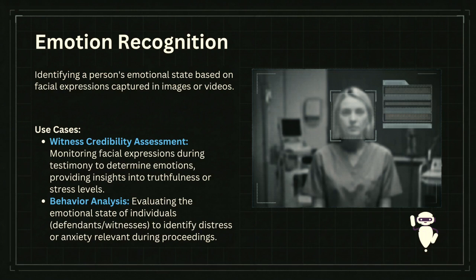So we can use emotion recognition in witness credibility assessment by monitoring the facial expression of the witness during the testimony to find signs like stress, anxiety, or confidence. With this insight, it helps assess the truthfulness and the emotional state of the witness.